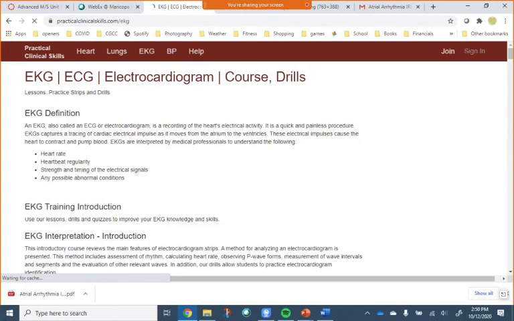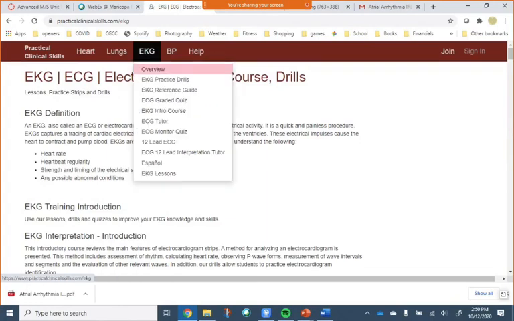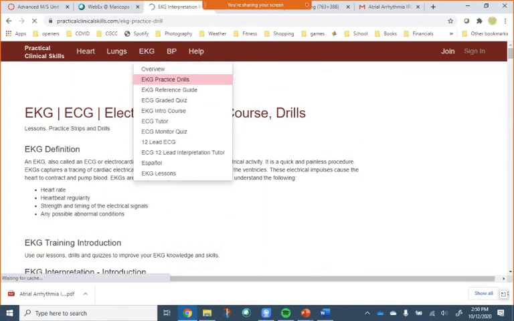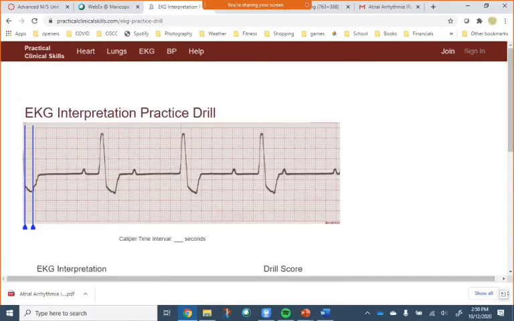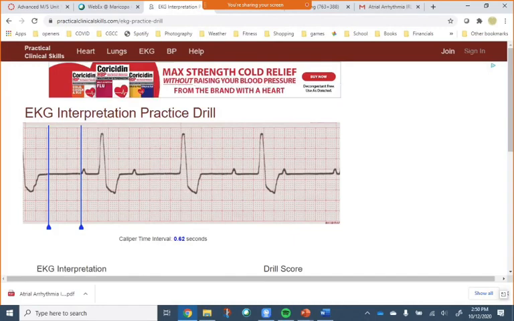But, again, don't freak yourself out about blocks. If you miss them, it's perfectly fine. But here you have the same sort of thing, and they let you have calipers so that you can measure out your intervals here, and it gives you the reading down here.